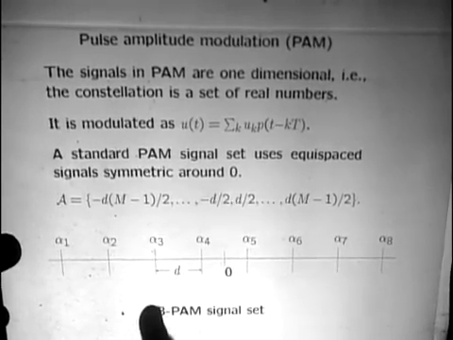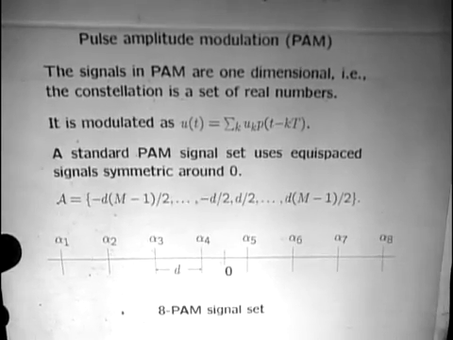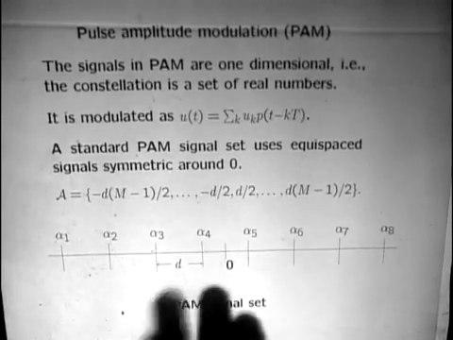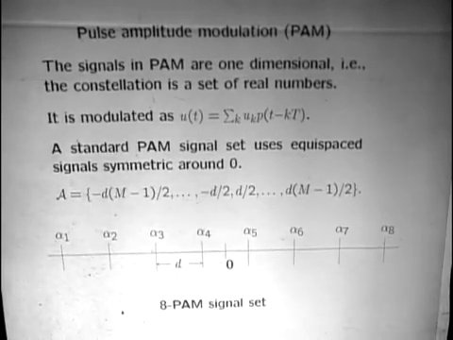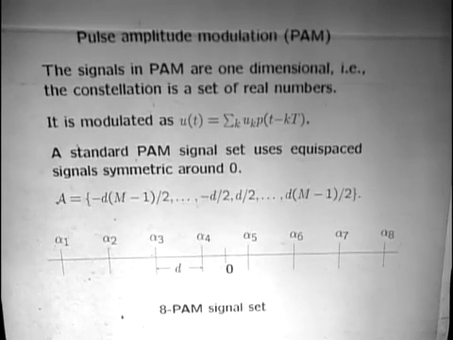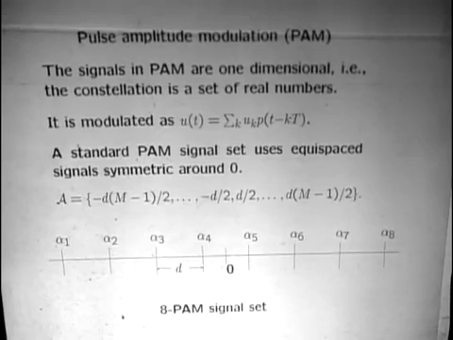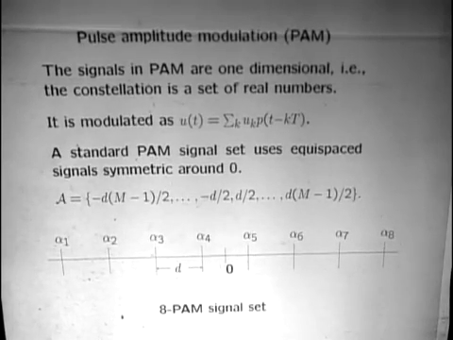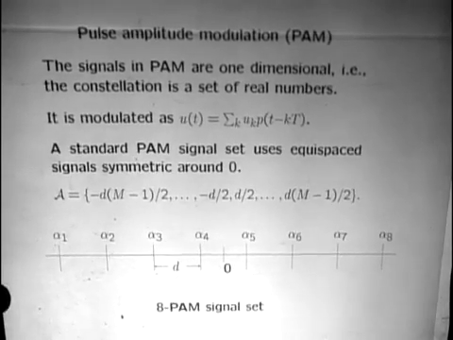Because if they have a mean, that mean is just going to contribute directly to the expected mean square value of the signal that you're using. So why not center it around 0? Later on, we will see many reasons for not centering it around 0. But for now, we're not going to worry about any of those, and we're going to center it around 0.